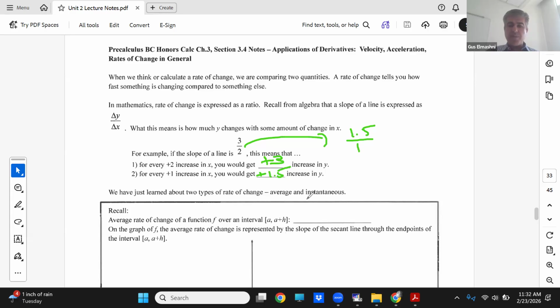Recall average rate of change is very simple. f of a plus h minus f of a, all over h. And remember what it means graphically. I ran out of space here, so I'm just going to do it here. You guys can use a quarter plane there. But let's say I got something really funky like this here.